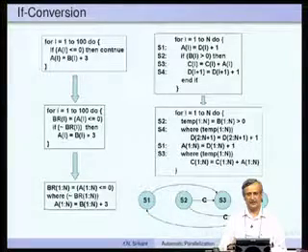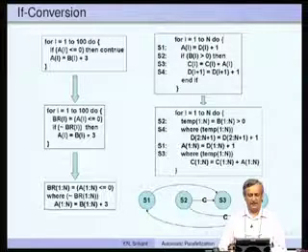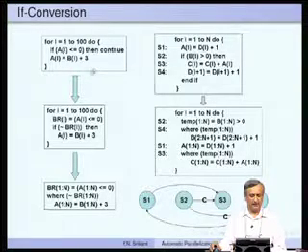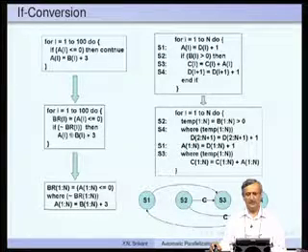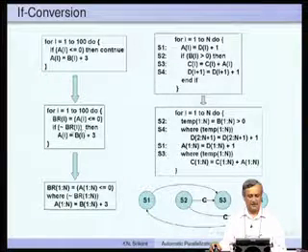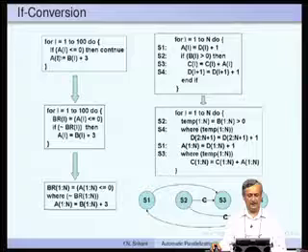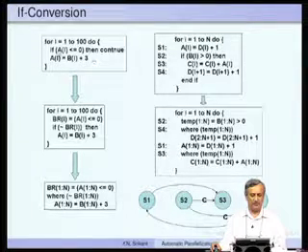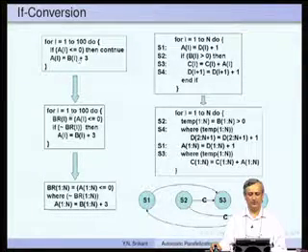For example, not of BR[i] is true whenever BR[i] is false, and it is false whenever BR[i] is true. So, here we wanted to execute A[i] = B[i] + 3 whenever A[i] is greater than 0, that is whenever BR[i] is false.